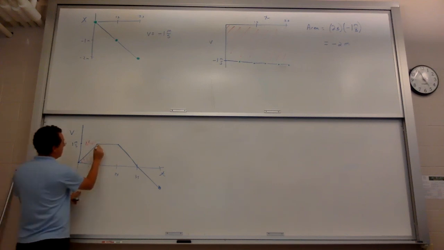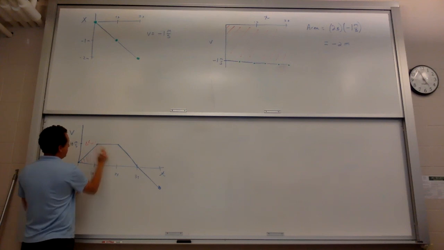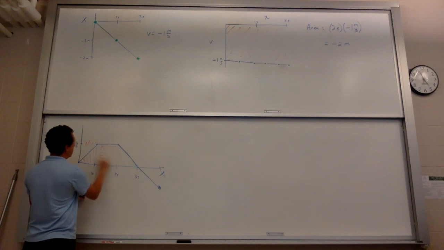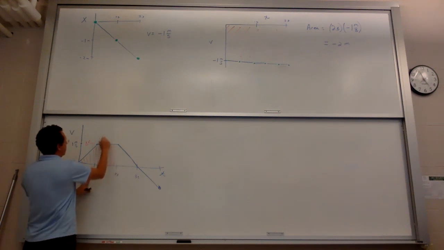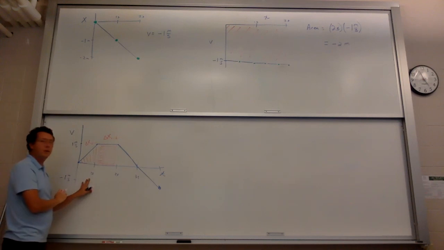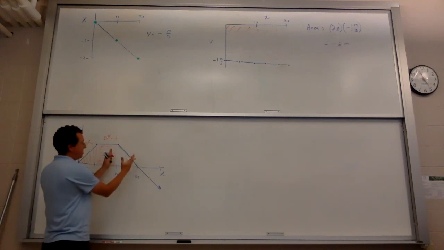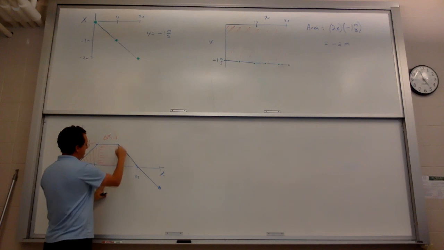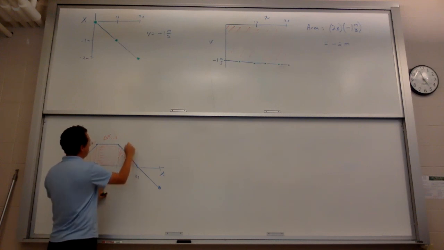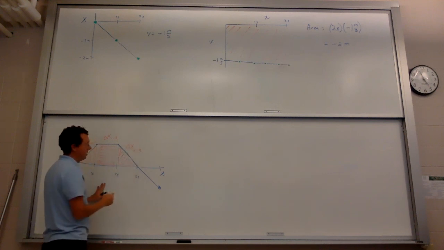And if you wanted to find the change in position over the next second, you could use the area of this rectangle to find delta x from 1 to 2. And for the next interval, you could find the area of this triangle to find delta x from 2 to 3.